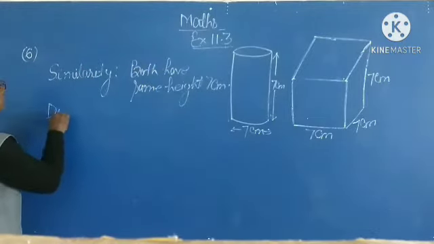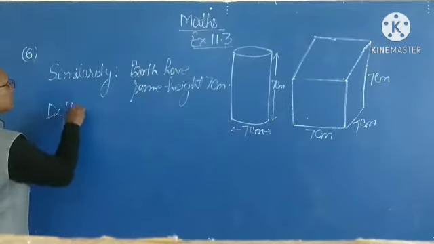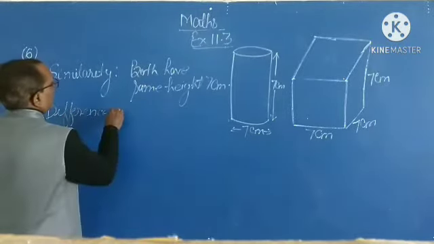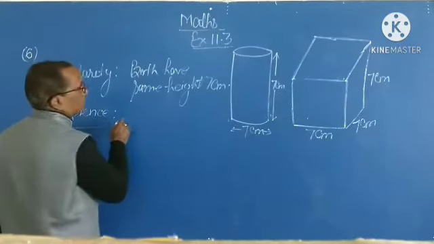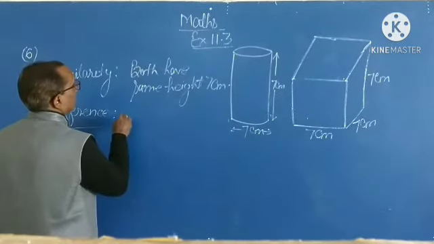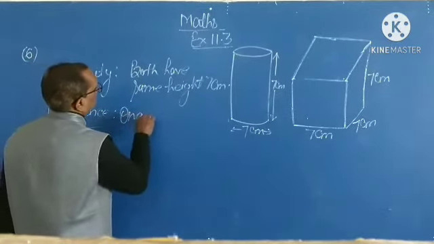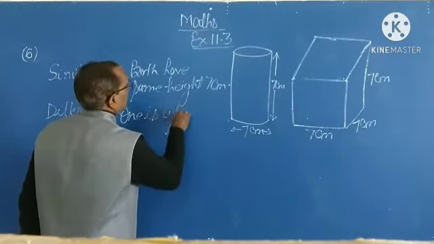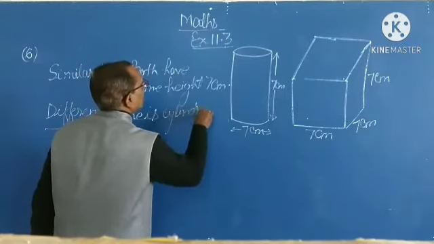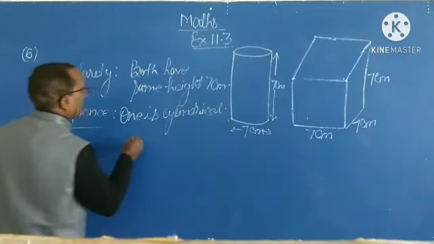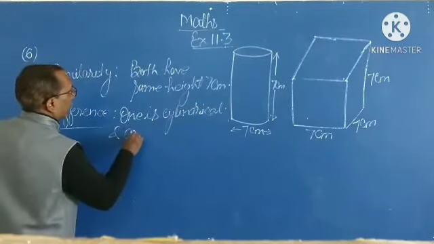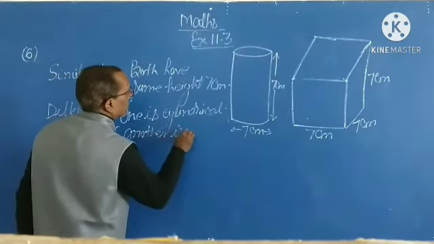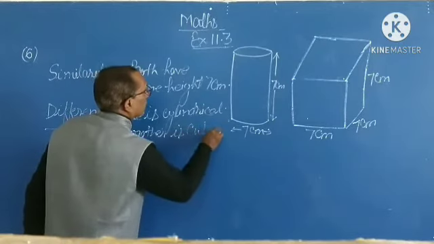Difference: one is cylindrical and another is cubical.